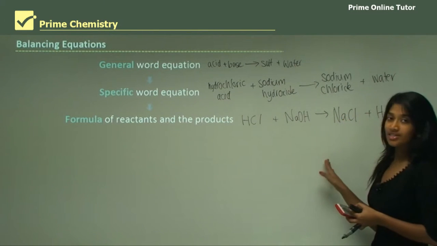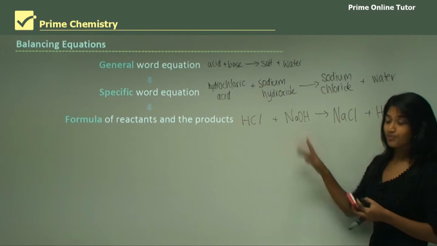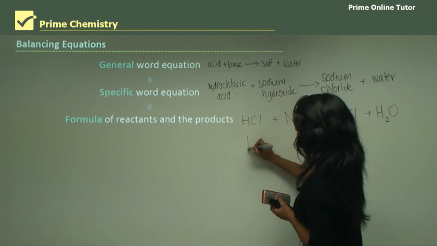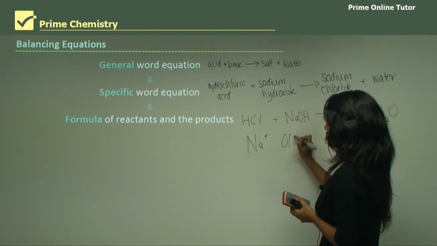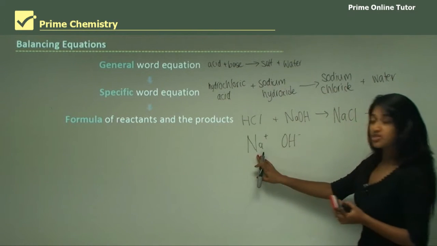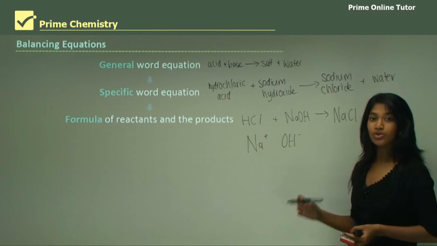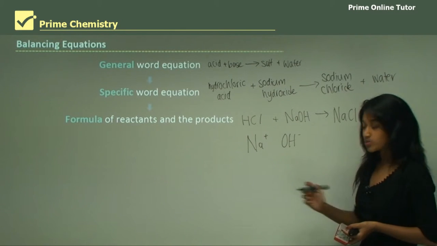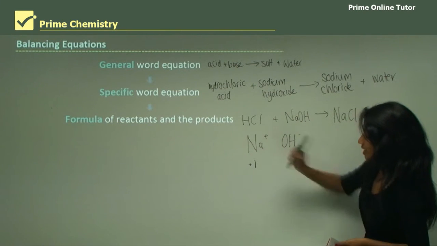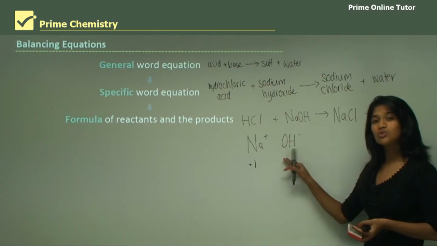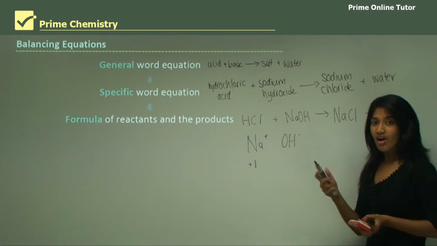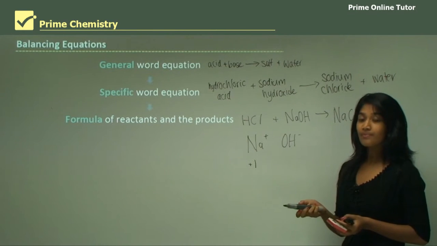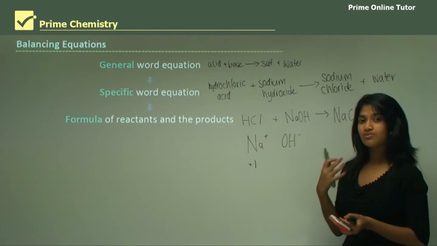We'll take another example. We have NaOH. NaOH has a sodium ion and an OH ion. Now the sodium, if you go to your periodic table, you can find it under group 1, which means it has a valency of +1. OH is one of those anions that you should remember the valency of. There are a few and you should remember them, but as we come across, we'll just memorize them.